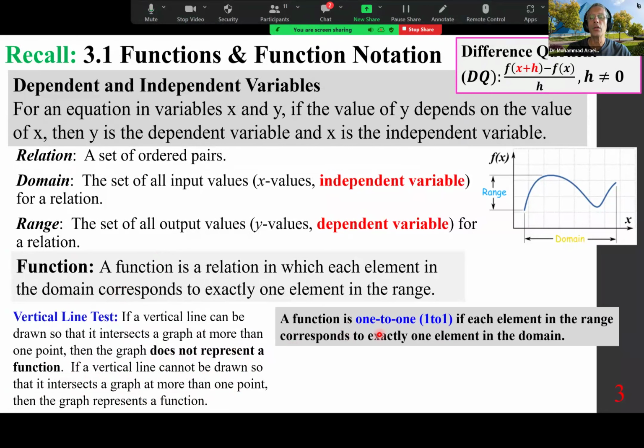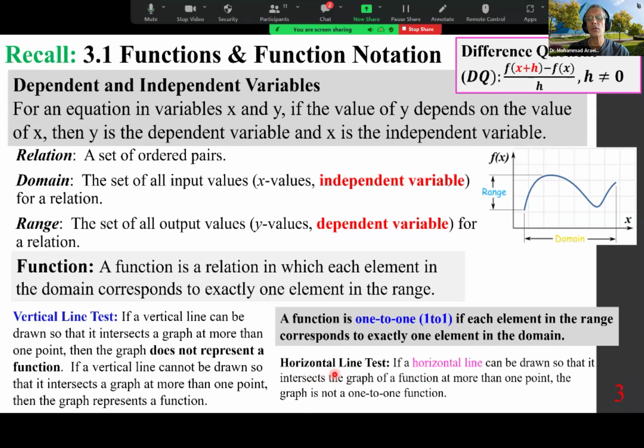A function is one-to-one if each element in the range corresponds to exactly one element in the domain. Horizontal line test: if a horizontal line can be drawn so that it intersects the graph of a function at more than one point, the graph is not a one-to-one function.